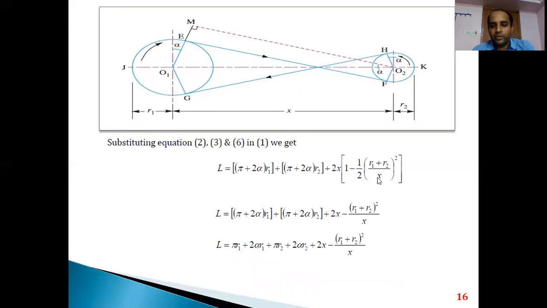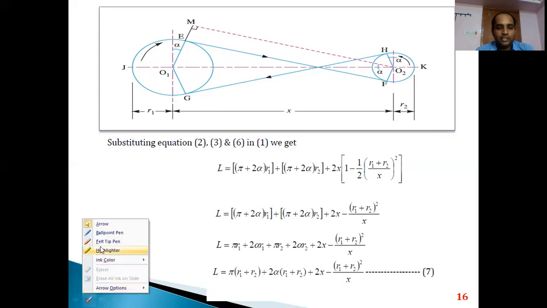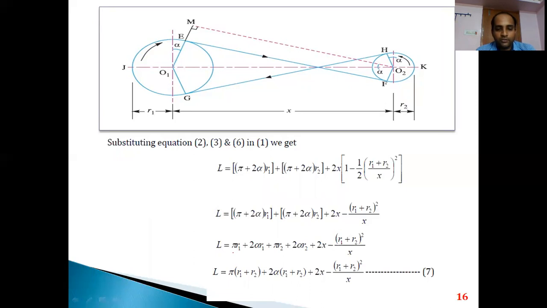This is 2x square, here 2x, so the resulting term we get is only x itself. So once we are up to this, then I open these brackets here also. So I open these brackets, we get pi R1 plus 2 alpha R1, similarly pi R2 plus 2 alpha R2. So now I will arrange these terms in such a fashion that the simplification becomes simpler, such as I will take the common terms from pi R1 and pi R2.